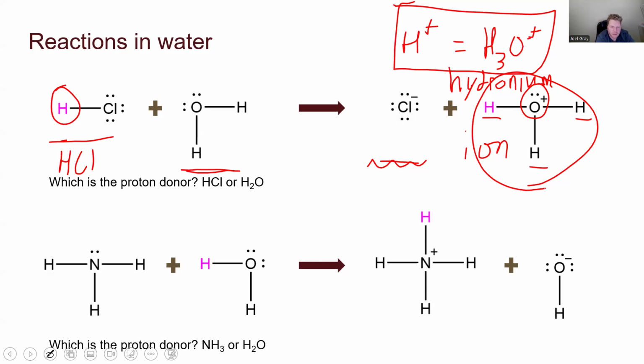Now, if we look down at our next reaction, we have NH3 plus H2O. Okay. Now, we have one hydrogen that is highlighted here.